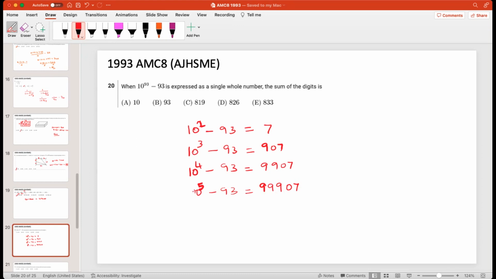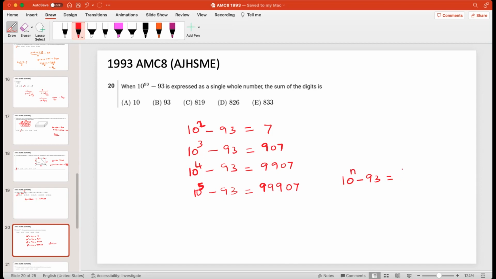Suppose I take this as n. So if I generalize this, how will I generalize? I'll say 10 power n minus 93 is equal to, you have how many nines here? If it is 4, you have 2 nines. If it is 3, you have 1 nine. If it is 5, you have 3 nines.